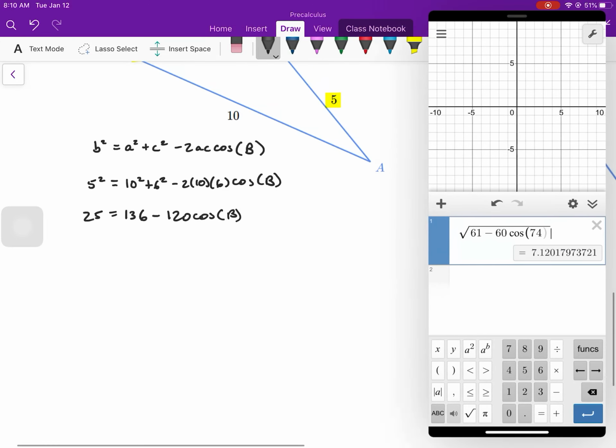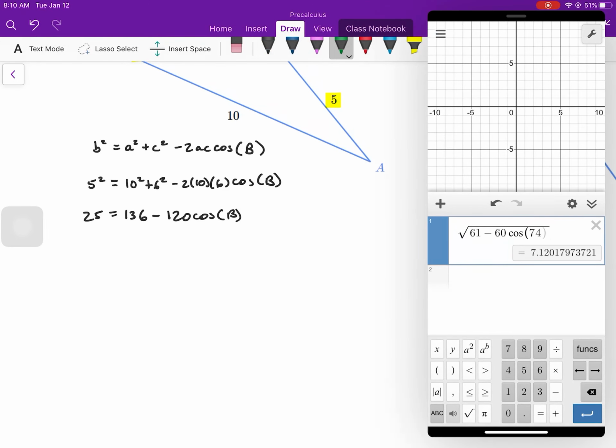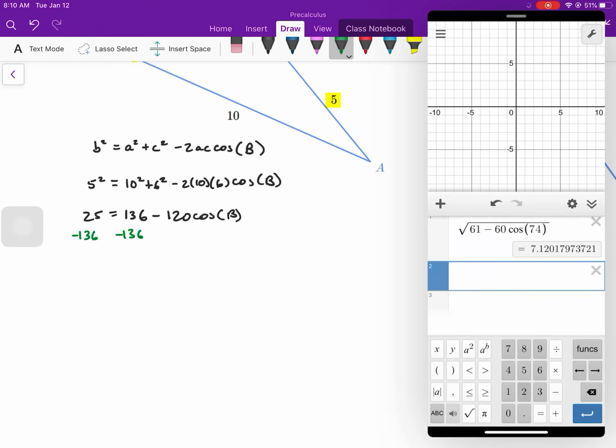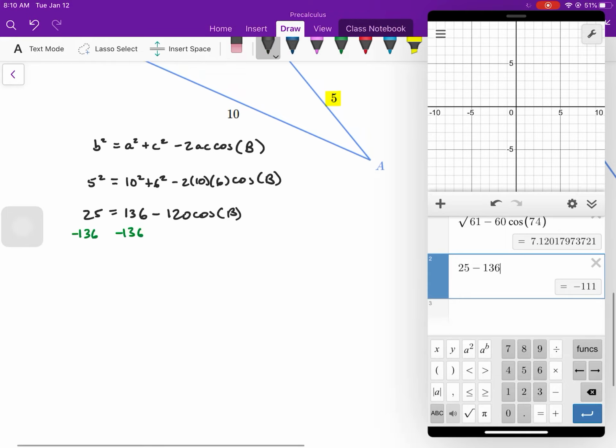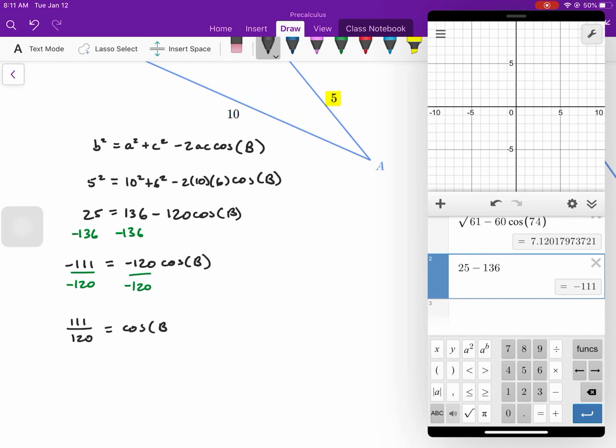So I'm going to subtract the 136 to the other side to get negative 111. Then divide by negative 120 to have 111 over 120 equals cosine of B.